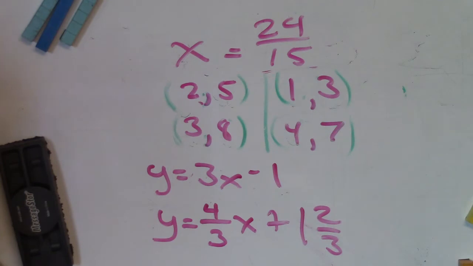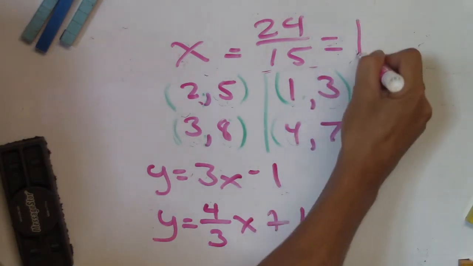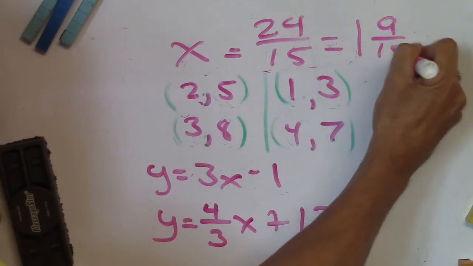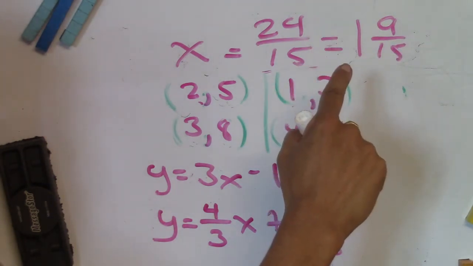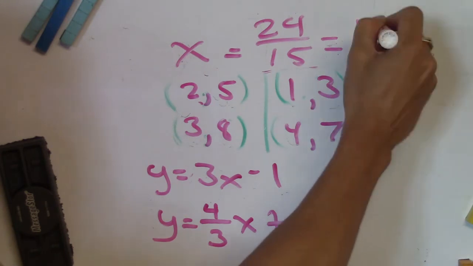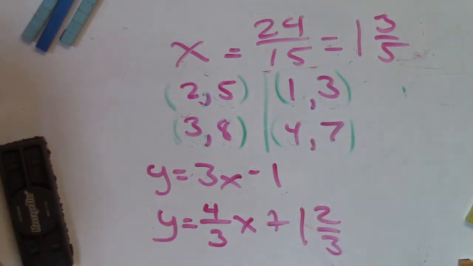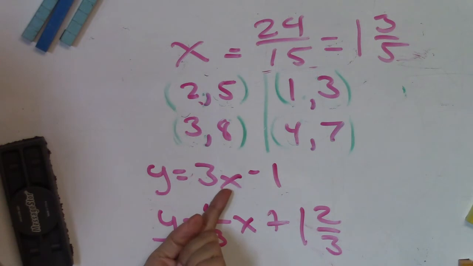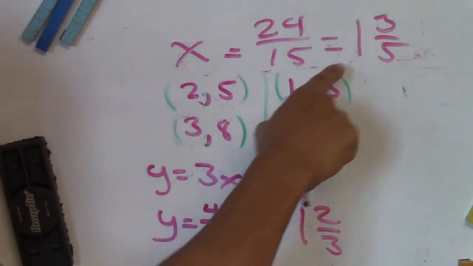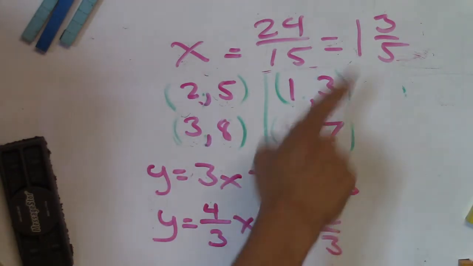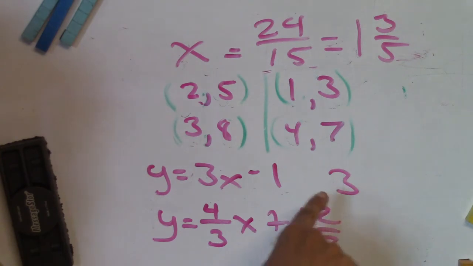Alright, now I know that x is the same thing as 24/15, which by the way is the same thing as 1 9/15, which is the same thing as 1 3/5, right? Alright, so now when x is 1 3/5, what's y? So I'm going to multiply 3 times 1 3/5, which gives me, let's just do it, 3 times 1 is 3, and 3 times 3/5 is 9/5, right?